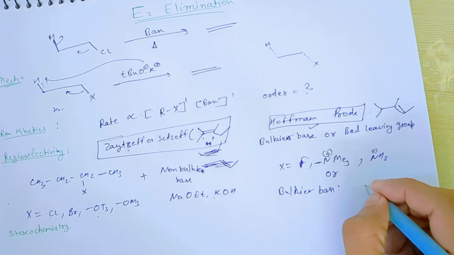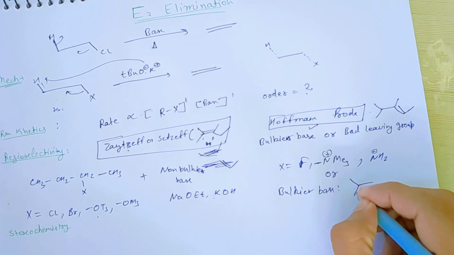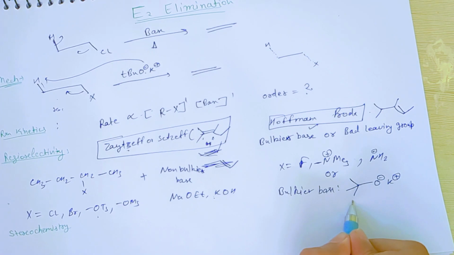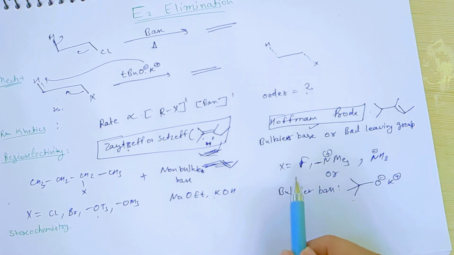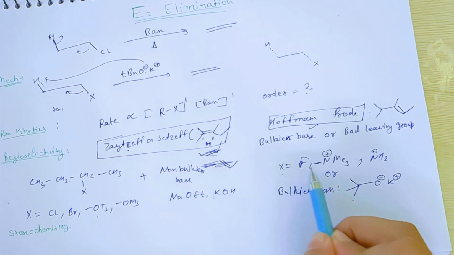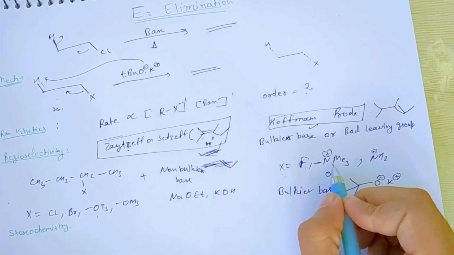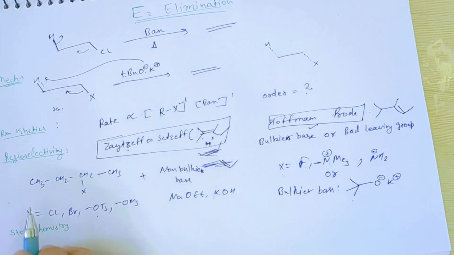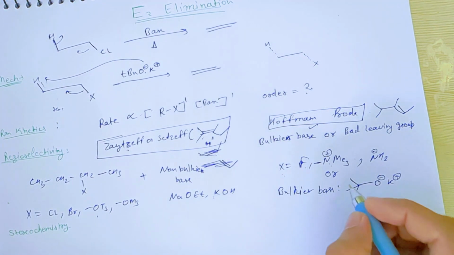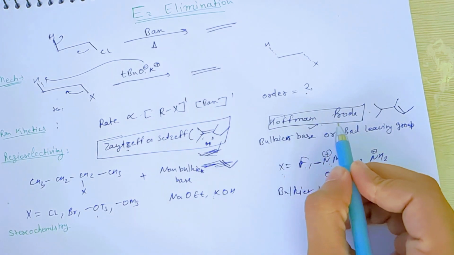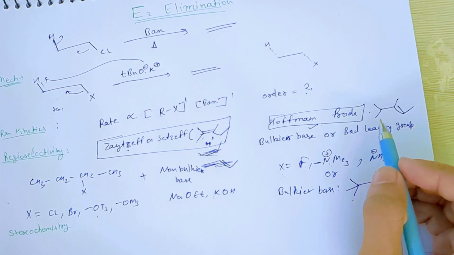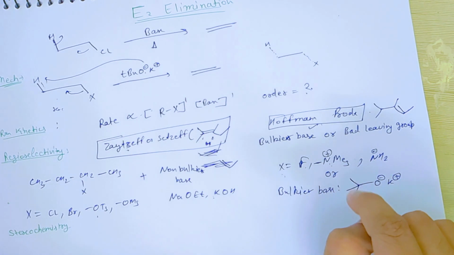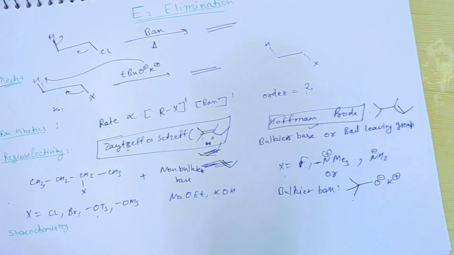Because it is like this. Now you can see it is a bulkier base. So we can say if there is a halogen F or a bad leaving group, or a bulkier base, then the Hofmann product will be the major product, okay. If only one condition is satisfied from here, then we will get Hofmann product, okay.